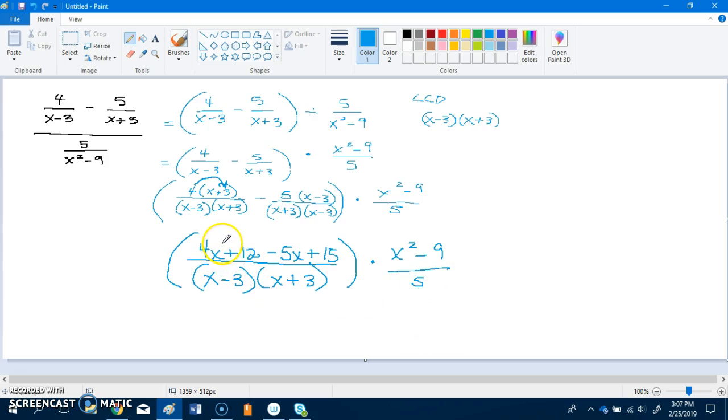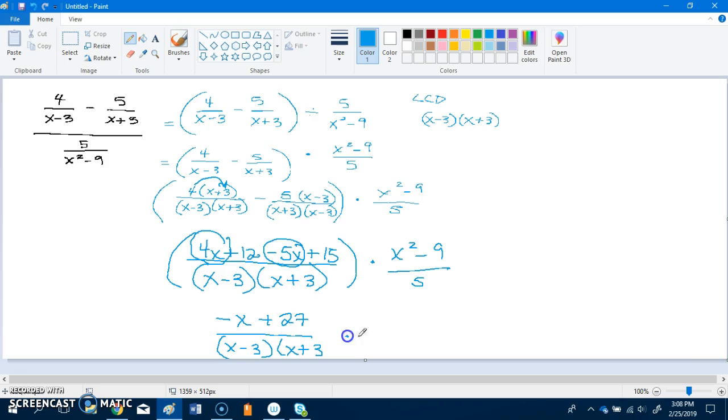Now I'm going to combine like terms. 4x minus 5x gives me minus x, and positive 12 plus 15 gives me positive 27, all over x minus 3, x plus 3. That's the most I can do to simplify everything inside of the brackets.